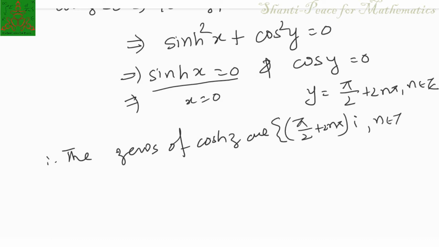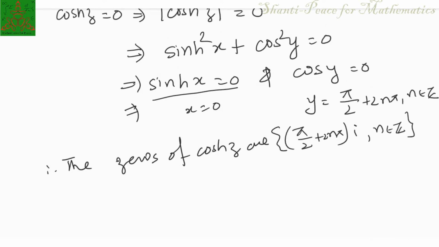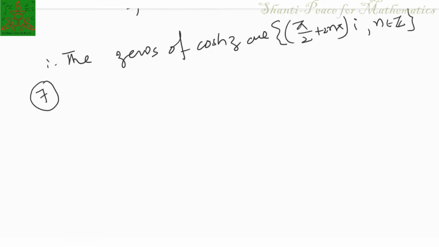N belongs to Z. In the similar manner as we have discussed in the trigonometric functions, the hyperbolic tangent, hyperbolic cotangent, hyperbolic secant and hyperbolic cosecant functions are defined in the same manner. That is, tan hyperbolic of z is defined as sine hyperbolic of z upon cos hyperbolic of z.